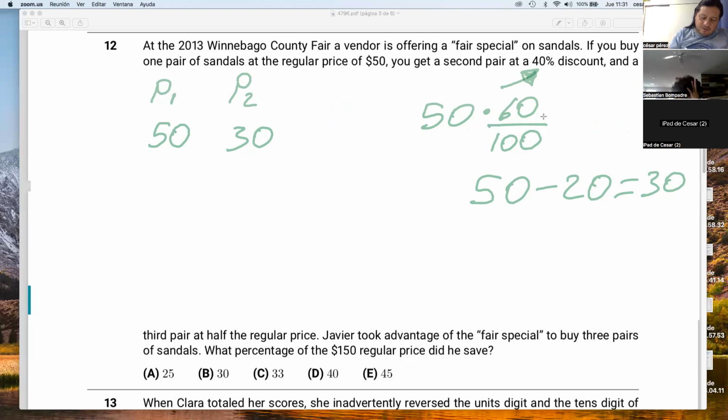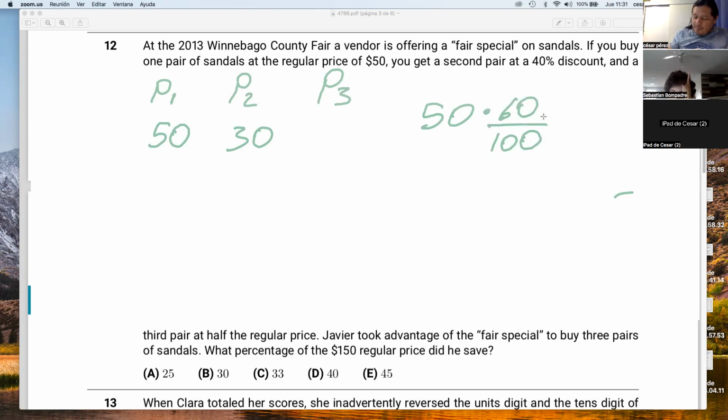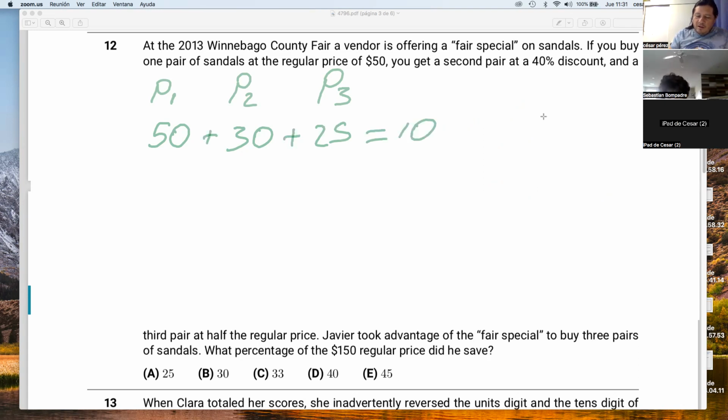Do you understand this? Okay. And the third pair, $25. So he's going to pay 105.